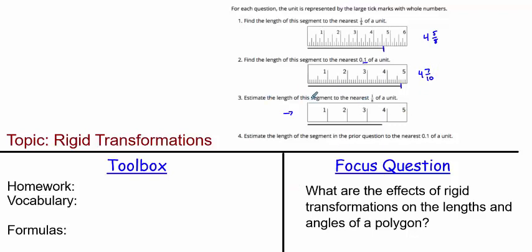Okay, so number 3 says estimate the length of this segment to the nearest 1/8 of a unit. So now I'm looking down here and I don't see any small tick marks like there were up here. So I'm going to have to do some estimating. So I know I have 1, 2, 3 wholes and then some extra.